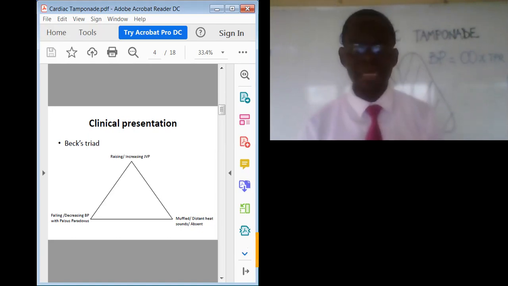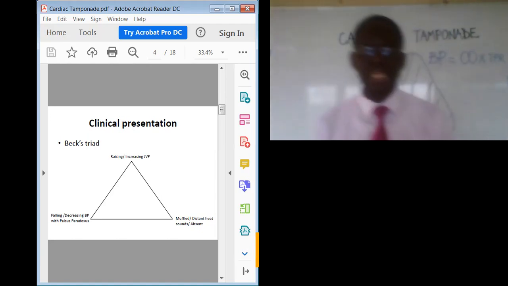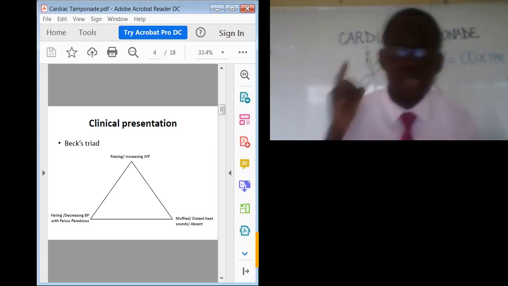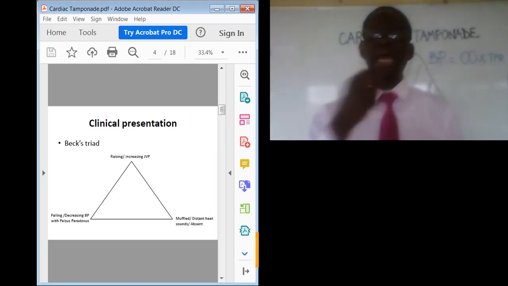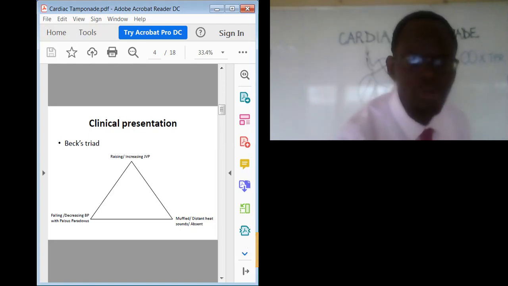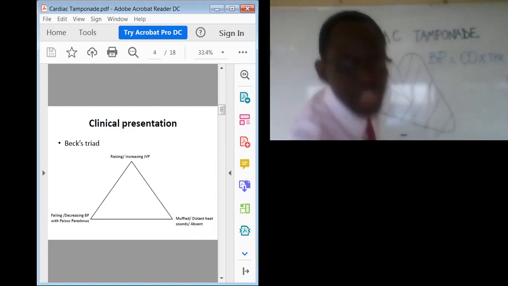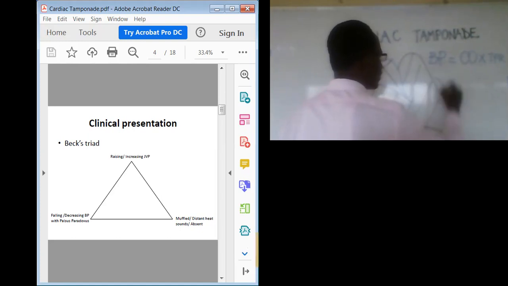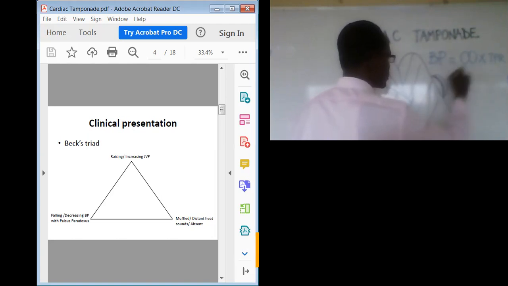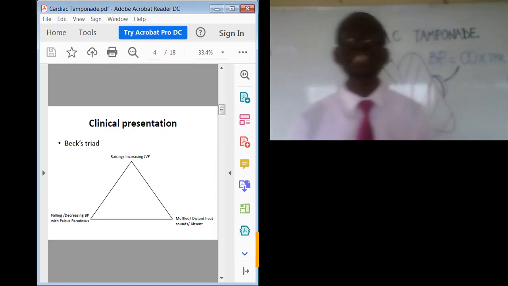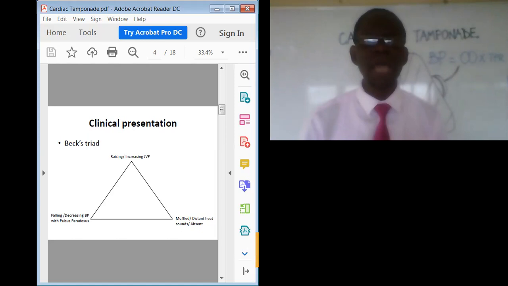Now, the other component of the triad is what we refer to as muffled or distant heart sounds. Remember, when you put your stethoscope to auscultate the chest, because of too much fluid accumulation within this cavity here, you'll hear as if the heart sounds are very distant, or you might not hear them at all.